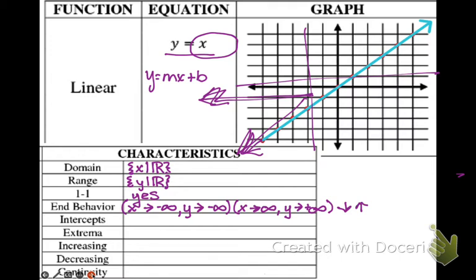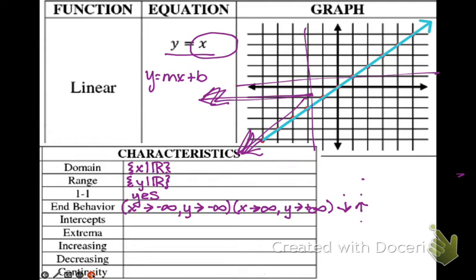But the book will write it like this, so we need to know how to read it, okay? This means as x approaches negative, what's y doing? Approaching negative. As x approaches positive, y is approaching positive, okay?